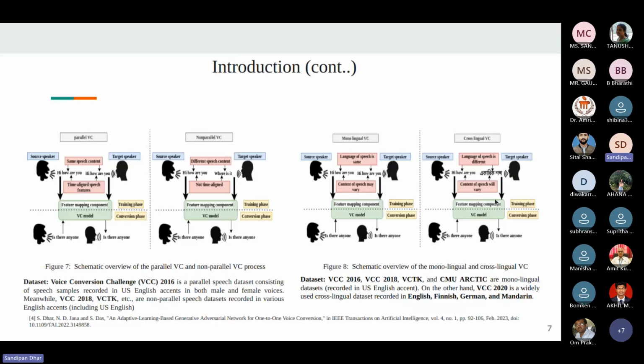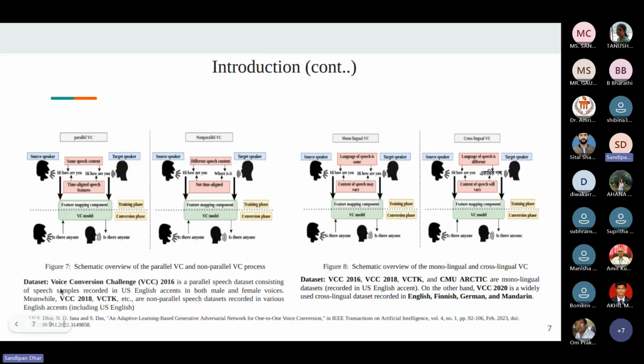Then we have to use the concept of mapping, such that even if the model does not have certain phonemes from the target domain, it can estimate what could be the approximated accent of the target speaker. So this is one of the challenges of cross-lingual VC.